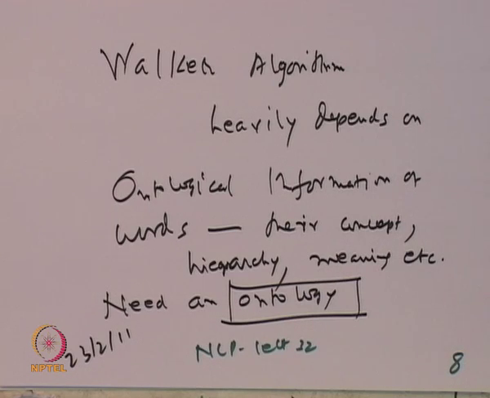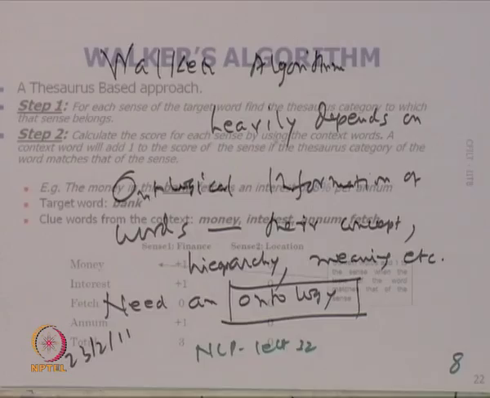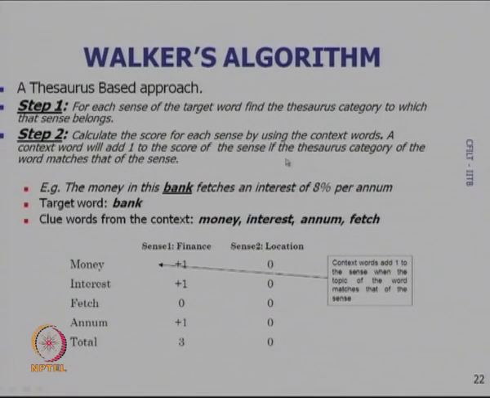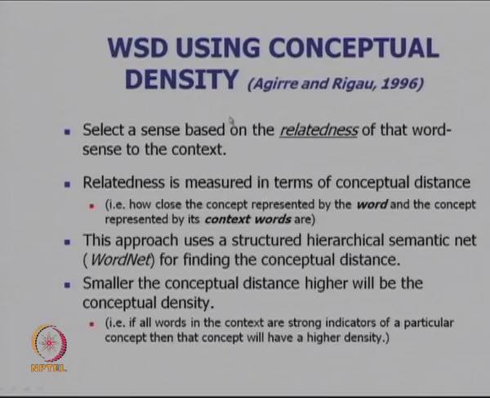Now, we see the slide again, and this fact is expressed in Walker's algorithm. We move on to WSD using conceptual density. Please remember that all these approaches are knowledge based approaches, and in particular they are overlap kind of approaches.